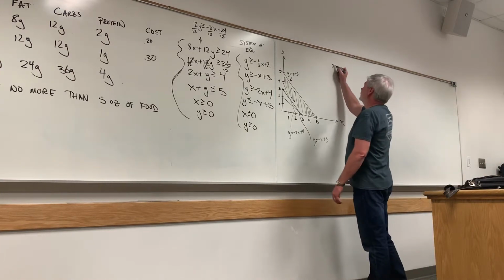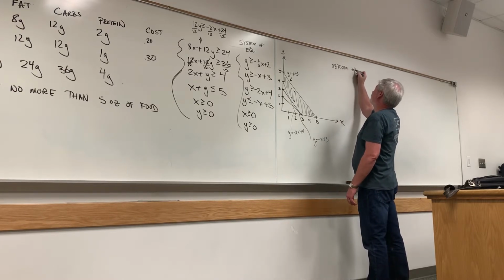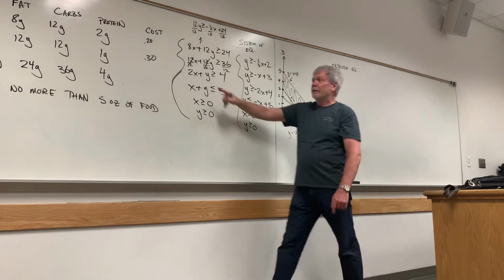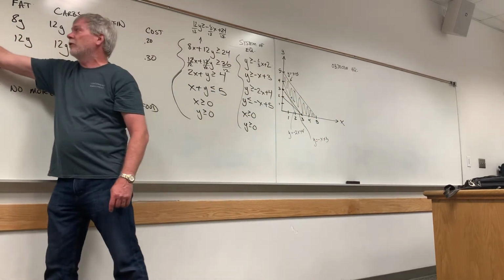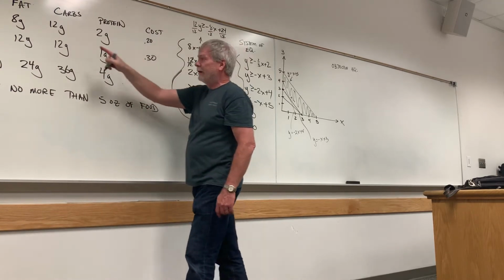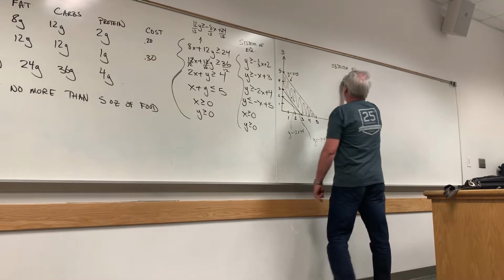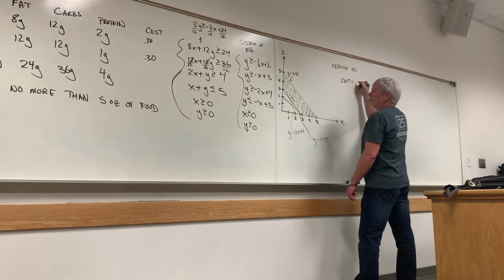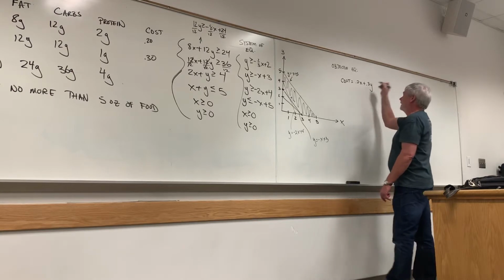Objective equation. I want to minimize costs. For every ounce of X, it costs 20 cents. For every ounce of Y, it costs 30 cents. So, cost equals 0.2X plus 0.3Y.